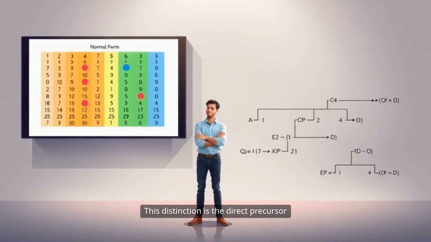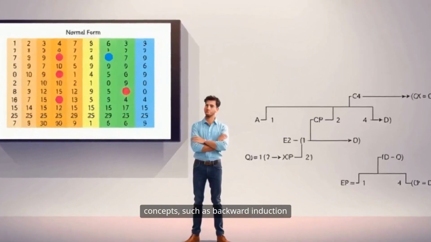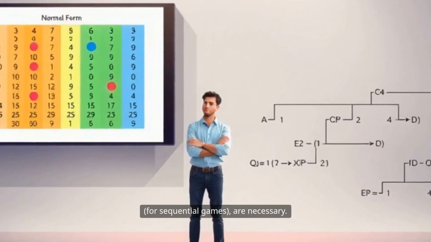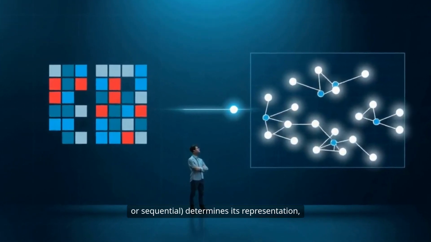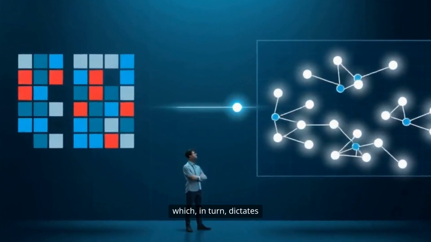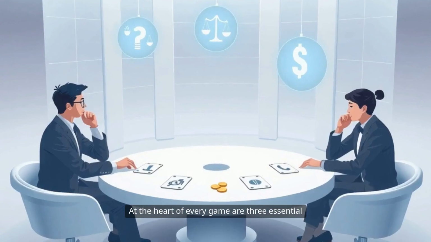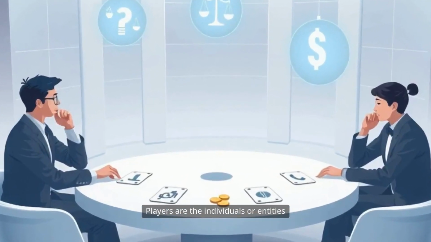This distinction is the direct precursor to understanding why specific solution concepts, such as backward induction for sequential games, are necessary. The form of the game, simultaneous or sequential, determines its representation, which in turn dictates the appropriate solution concept. At the heart of every game are 3 essential elements: players, strategies, and payoffs.